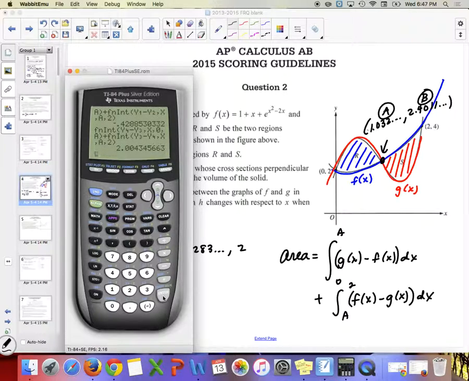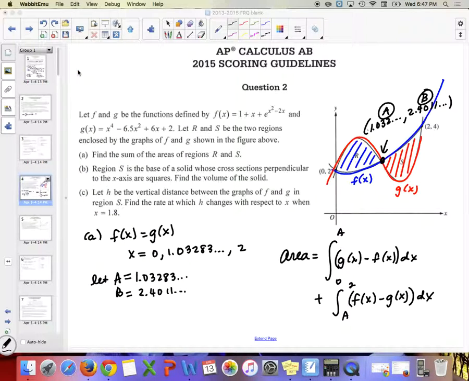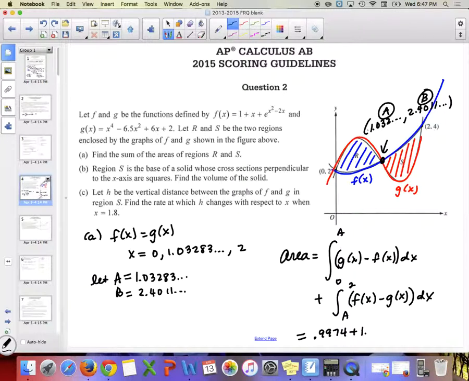So yeah, 2.004 is the answer. And you could find each one individually. I actually found each one individually before, and I had like 0.9974 plus 1.0069. So you can do that if you want, or you can do it all together like I did.